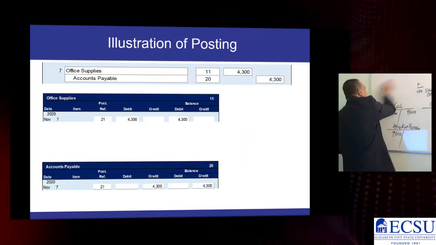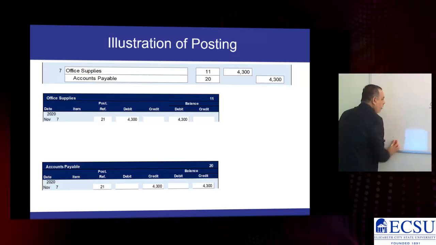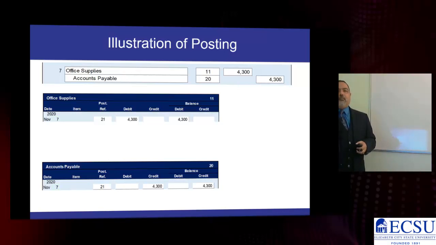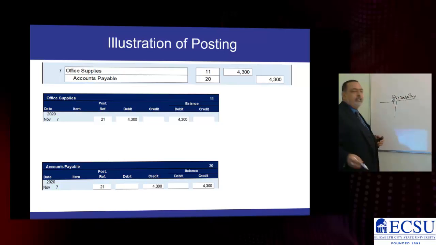The third one, of course, is a journal which says office supplies is debit and accounts payable is credit, 4,300 and 4,300. So I'm going to open a T shape, let's say office supplies, and it is a debit of 4,300, so I'm going to write 4,300 on the debit side.